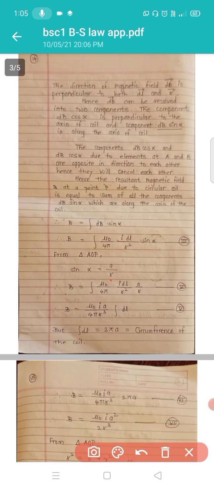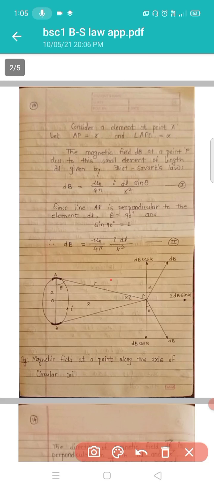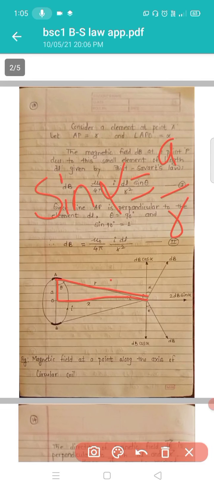From triangle AOP, see in figure, sine of alpha is equal to a upon r.